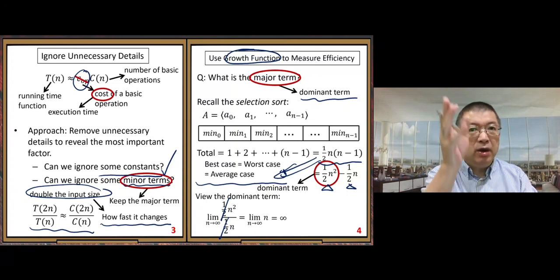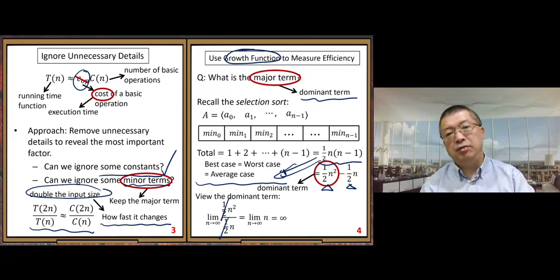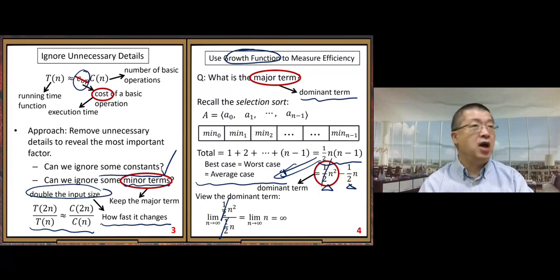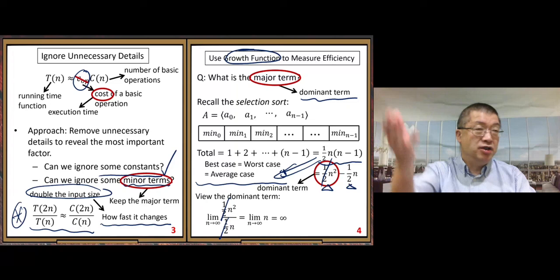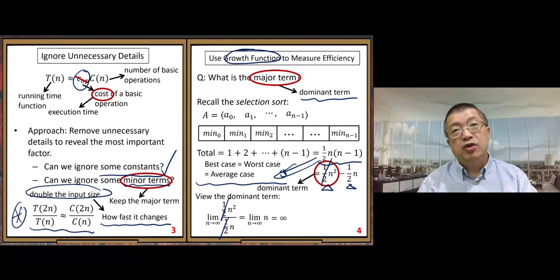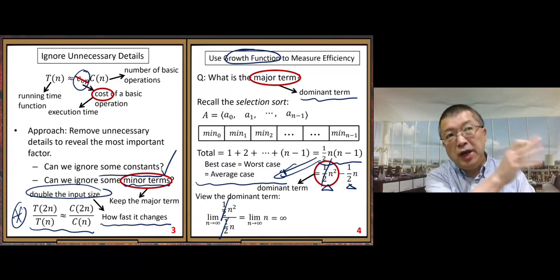Next, our growth function concept. What is the growth function? First, look at this dominant term. You take away the constant. We know in this part the constant is not important. So when we consider the growth function, we do not want to include the leading constant in front of the dominant term.